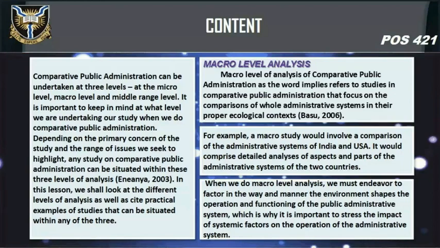Depending on the primary concern of the study and the range of issues we seek to highlight, any study on comparative public administration can be situated within these three levels of analysis. In this lesson, we shall look at different levels of analysis as well as cite practical examples of studies that can be situated within any of the three.